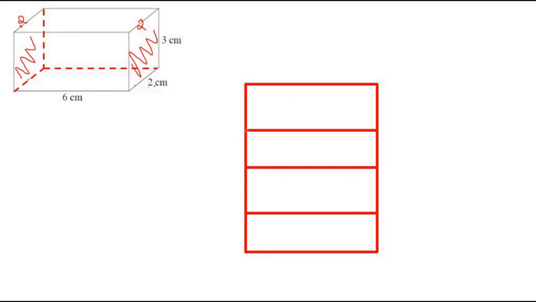Well, we know this one is already 2 centimeters, so we only need to draw the 3 centimeters coming out and then join them up to make sure they're 2 centimeters apart. So we have the 3 centimeters and the other 3 centimeters, and then with your ruler measure them to make sure that they are 2 centimeters, and we do the same on the other side. So it's 3 centimeters by 3 centimeters, and then we join them up to make sure they are 2 centimeters apart.